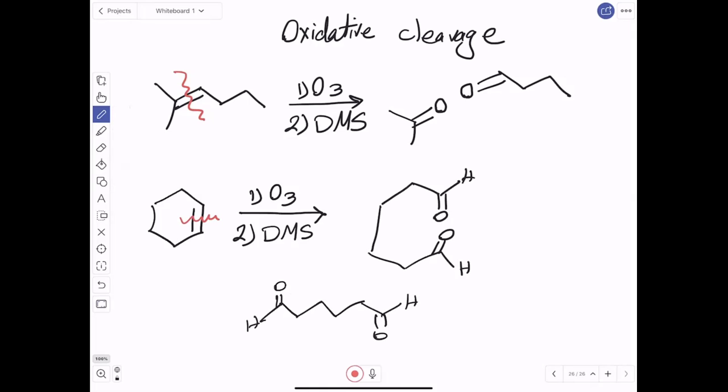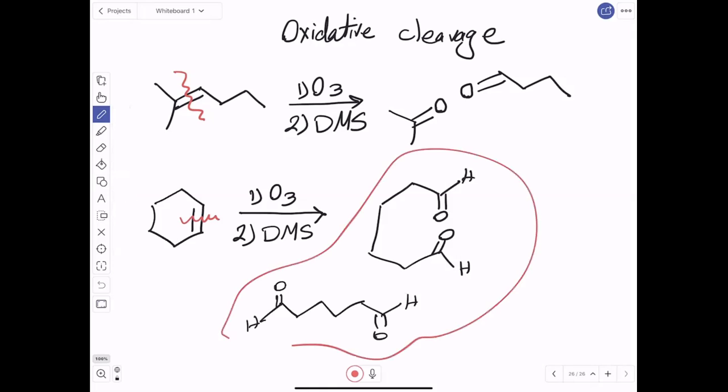So this is the final product, right? These two are the same thing as different conformations. Question?